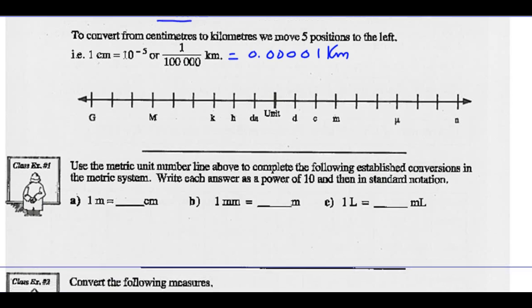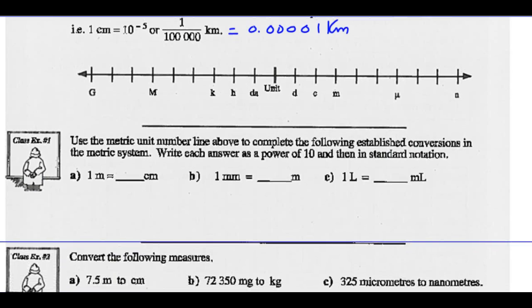So using this number line, let's do the following conversions. Write each answer as a power of 10, and then in standard notation. So 1 meter is how many centimeters? You put your pencil on meters, which is right here, and we're going to centimeters. That's 2 units, or 2 moves to the right. So that'd be 10 squared, or 1 with 2 zeros, centimeters.